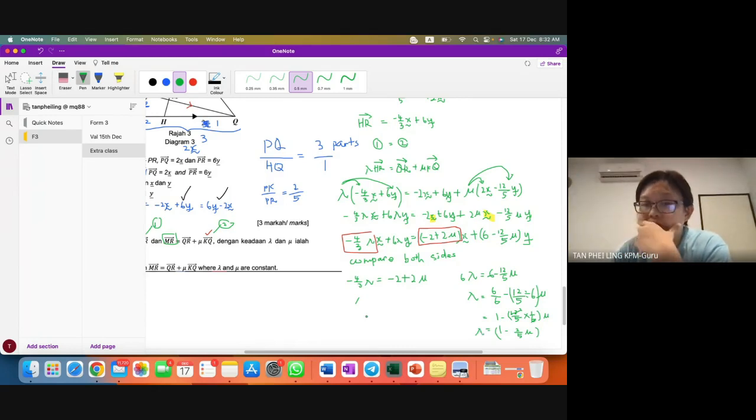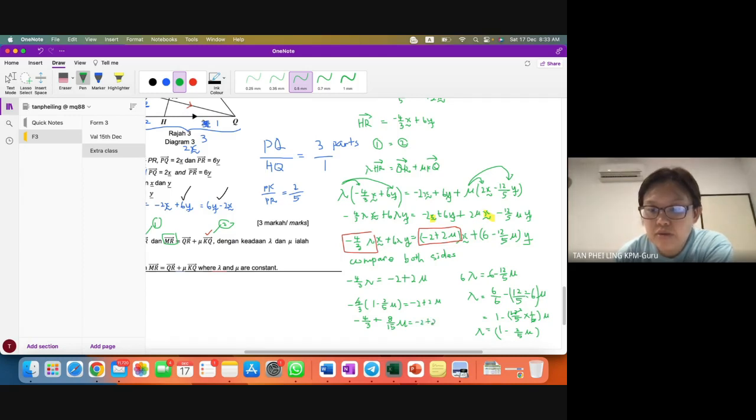So I'm going to substitute lambda inside here. Minus 4/3. Here I'll put in 1 minus 2/5 mu. Okay, equals to minus 2 plus 2 mu. Okay, so I multiply in, I get minus 4/3. Then here will be plus 8/15 mu. Okay, so this one is just solving the tedious thing lah.